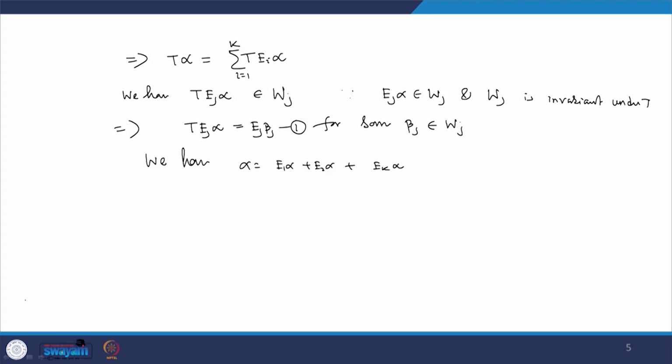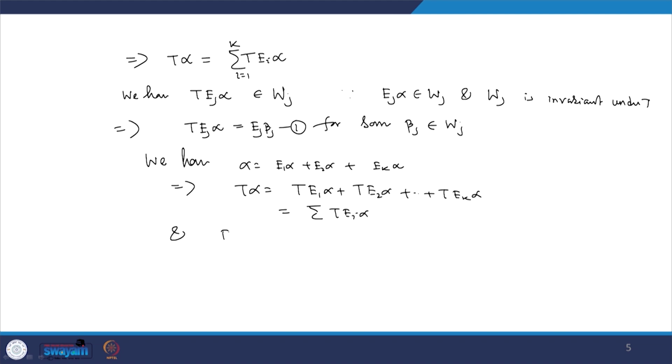We have alpha is equal to E1 alpha plus E2 alpha plus Ek alpha. Now, T alpha will be equal to T E1 alpha plus T E2 alpha plus T Ek alpha, which I can write down as sigma T E_i alpha.